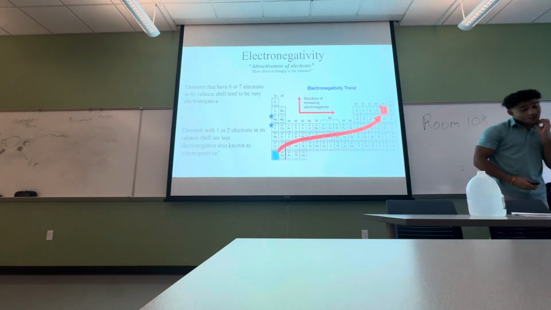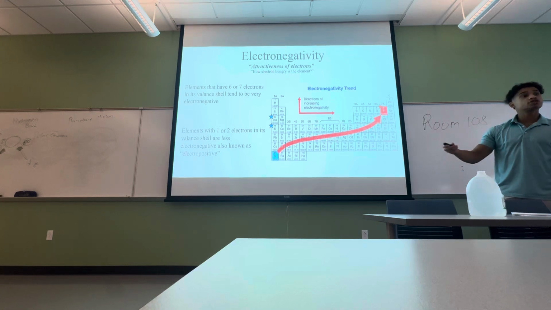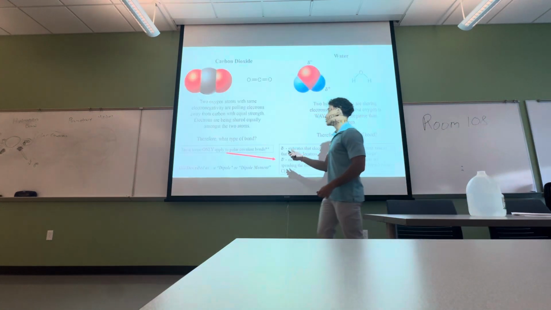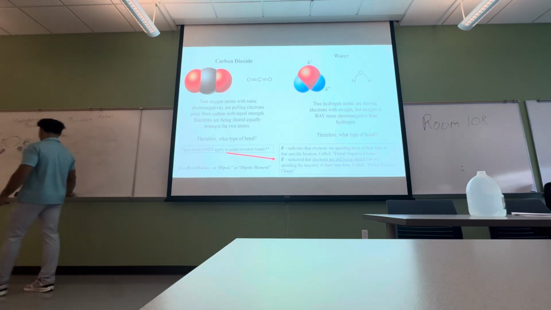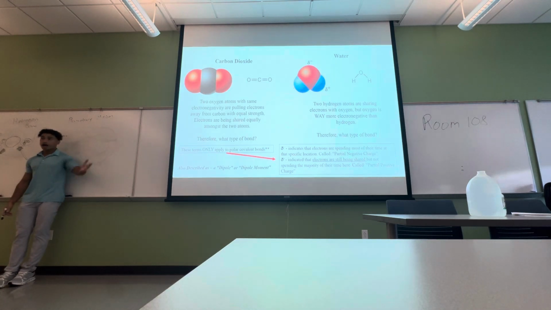Now, because of that, you can cause attractions between positives and negatives. And this is where the hydrogen bond comes from. Everybody knows what water is, right? There's a gallon of water right there. That's not just one H2O molecule. That's millions.